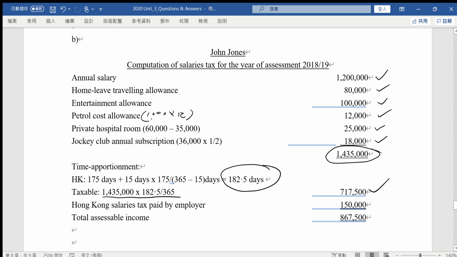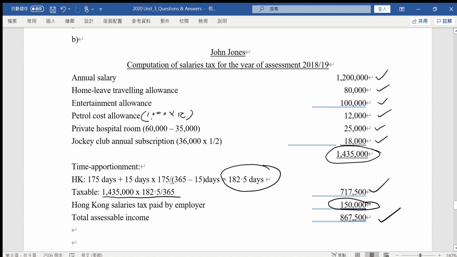And also you need to add the tax paid by the employer, because that is purely related to the Hong Kong service and the Hong Kong salary, and the company helped him to pay, and that's why that will be fully taxable, no time apportionment. And finally, the total assessable income will be 867,500 in total. Okay, that will be the way to work it out.